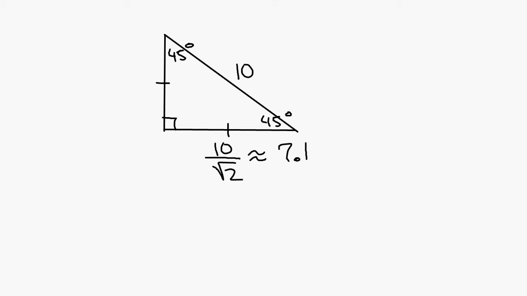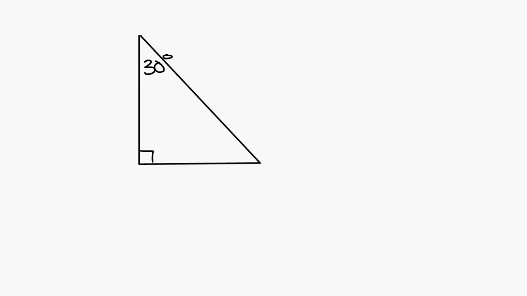The second type of special right triangle is a 30, 60, 90. If you're given a triangle and it's a right triangle and one of the angles is 30, the other angle has to be 60 because the angles have to sum to 180.